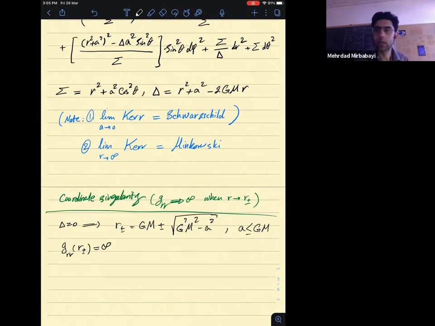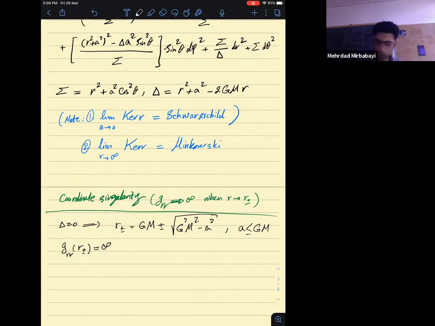It is just a coordinate singularity, just like in the case of Schwarzschild. One can actually see that infalling observers or null rays can go through that point, r equals r_plus, without anything dramatic happening to them. There is no curvature blowing up, as long as we satisfy this condition.